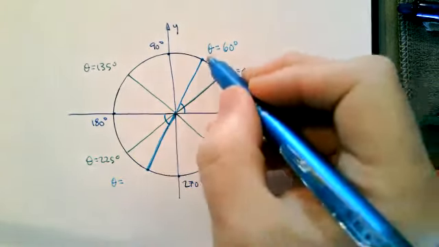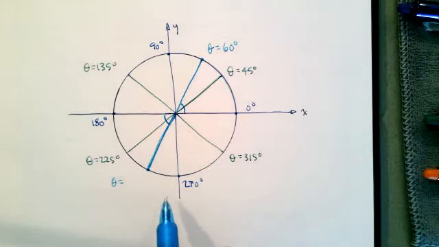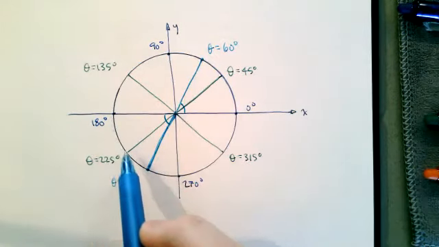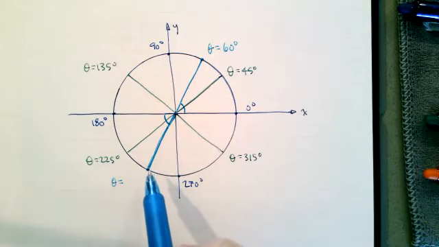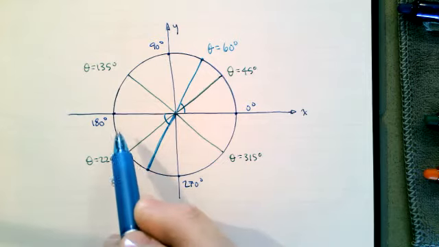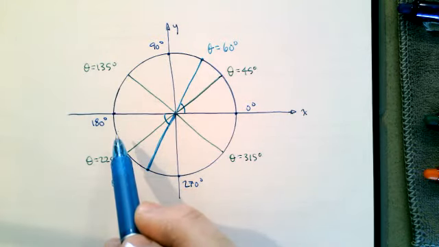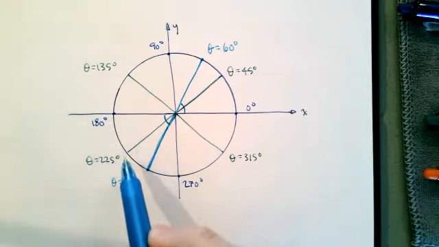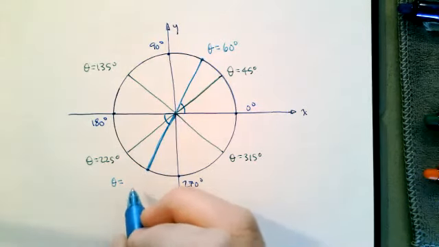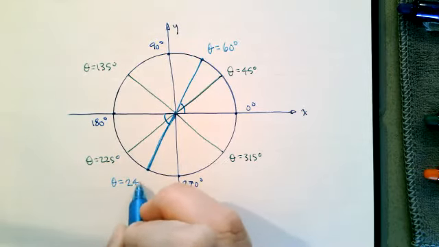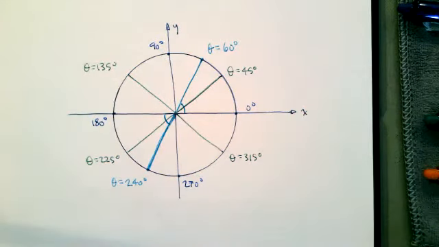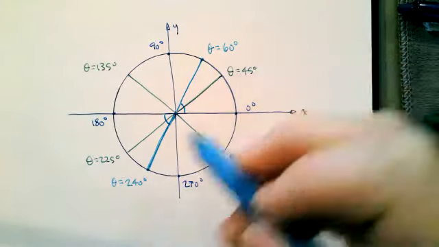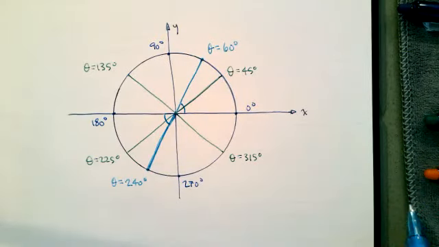Here's 180. If we go 60 past 180, where are we at? 210 is only 30 past 180. That's going to be coming up. So 180 and then go 60 more. So 240 will give us a 60 degree reference angle in the third quadrant. So 60 and 240 are now related with that 60 degree reference angle.